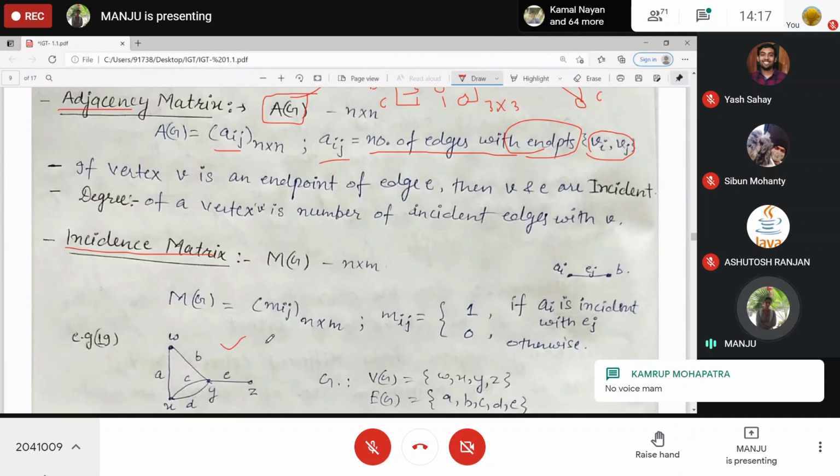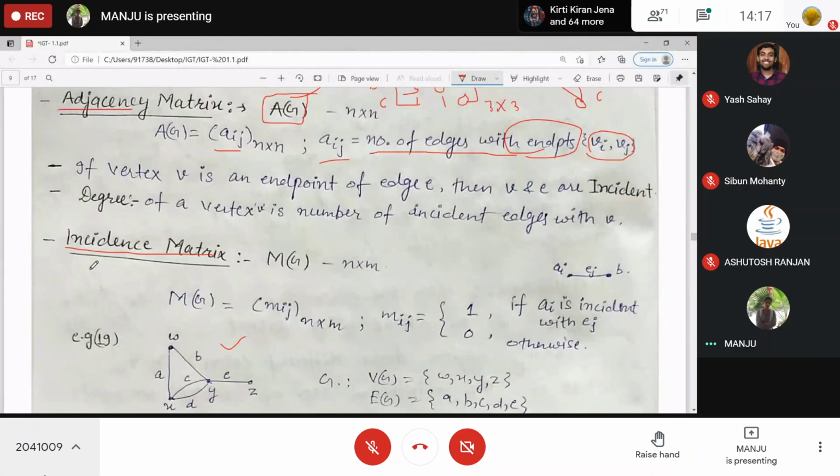Draw it and tell me. The order of the matrix will be 4 cross 4. You can take W, X, Y, Z or any other order, and whatever order you take for the rows, you take the same for the columns.